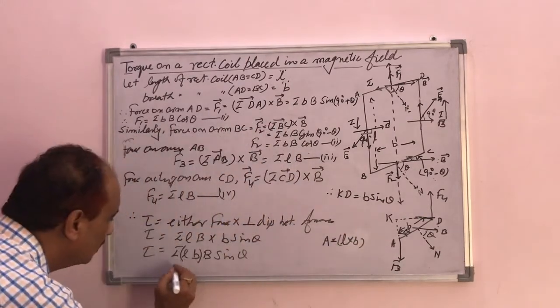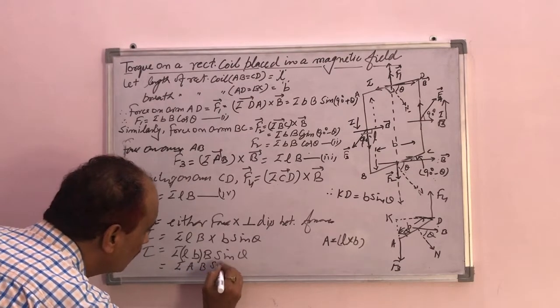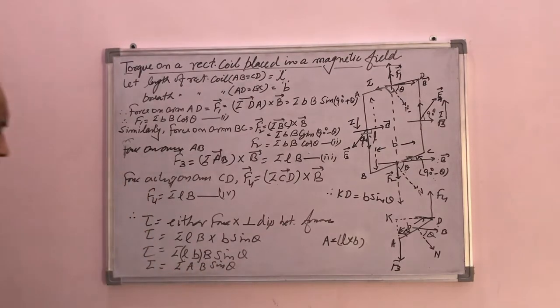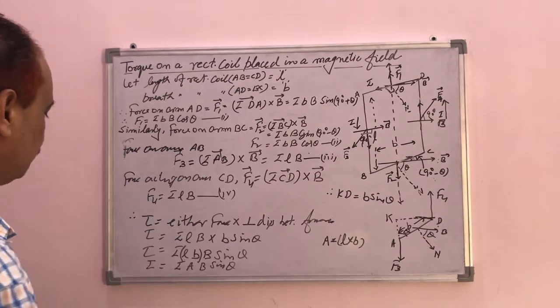So we replace here the area: IAB sine theta equals tau. So that is IAB sine theta.